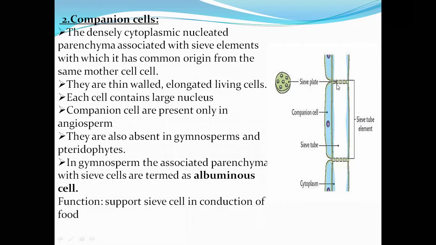Each sieve tube cell has a sieve plate at both ends. Through this plate only, the movement of molecules takes place. So this is about the companion cells.